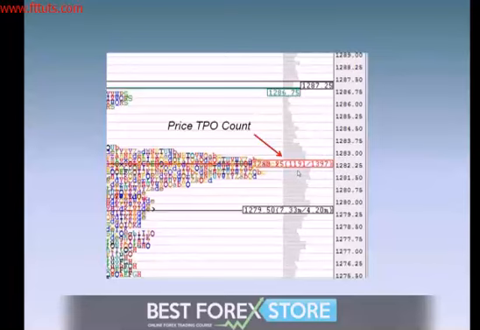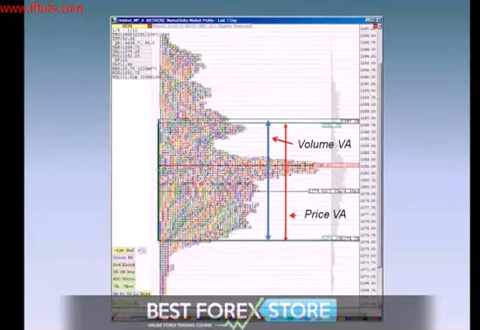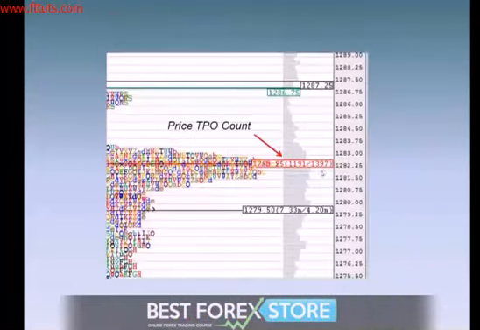The first number is a TPO count of all the TPOs that are above the POC. So if you were to sit and count every one of these letters, you would find that we had 1,191 letters, and 1397 below the POC. All right.